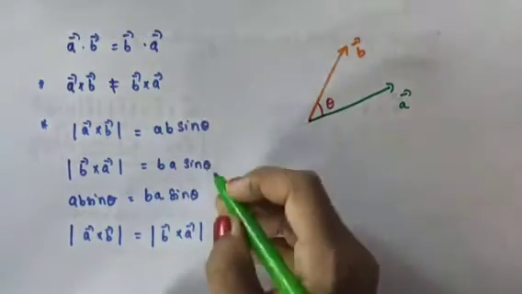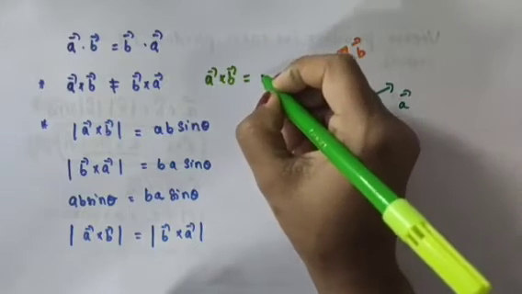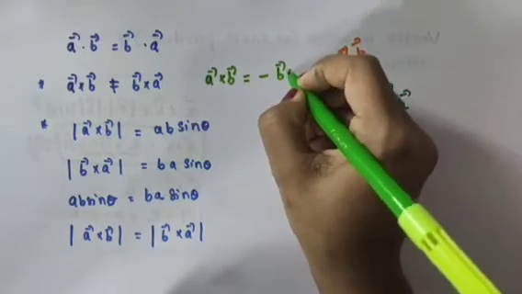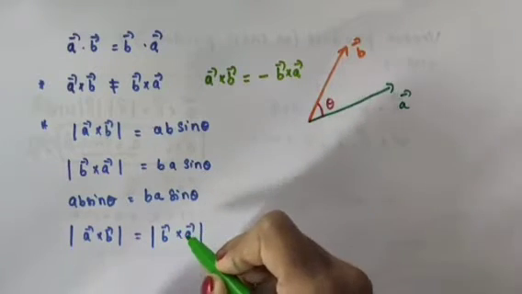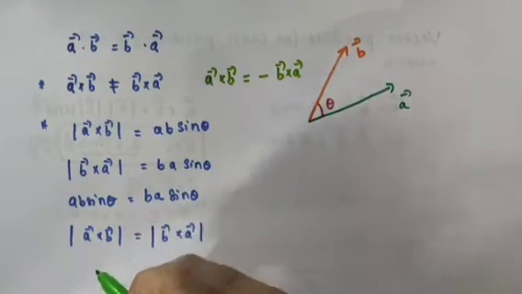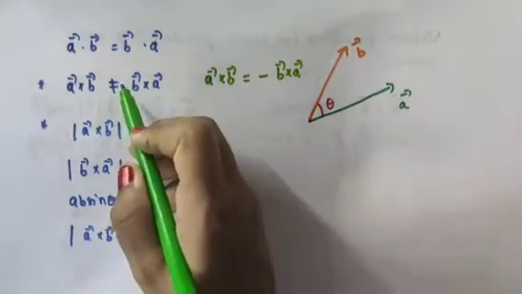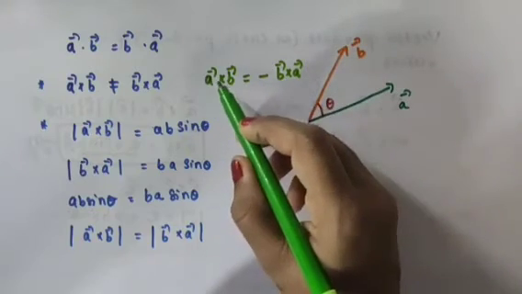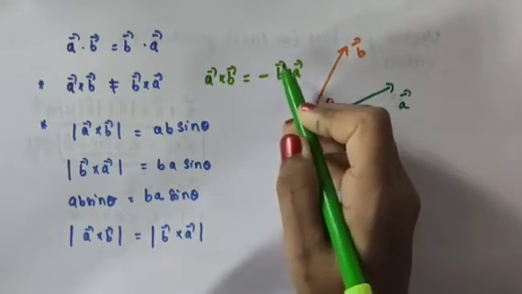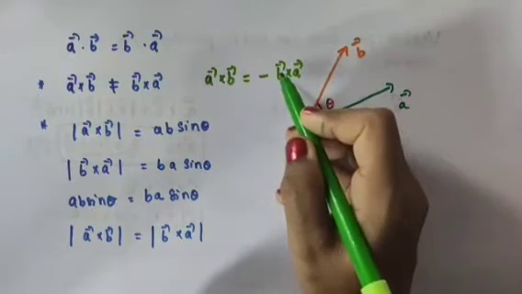Okay, so both magnitudes are equal but opposite in direction. A cross B vector is equal to minus of B cross A. This minus indicates opposite direction. With respect to the magnitude, both are equal. With respect to the direction, both are opposite to each other. This is what this equation represents. They are not equal, but they are opposite to each other.